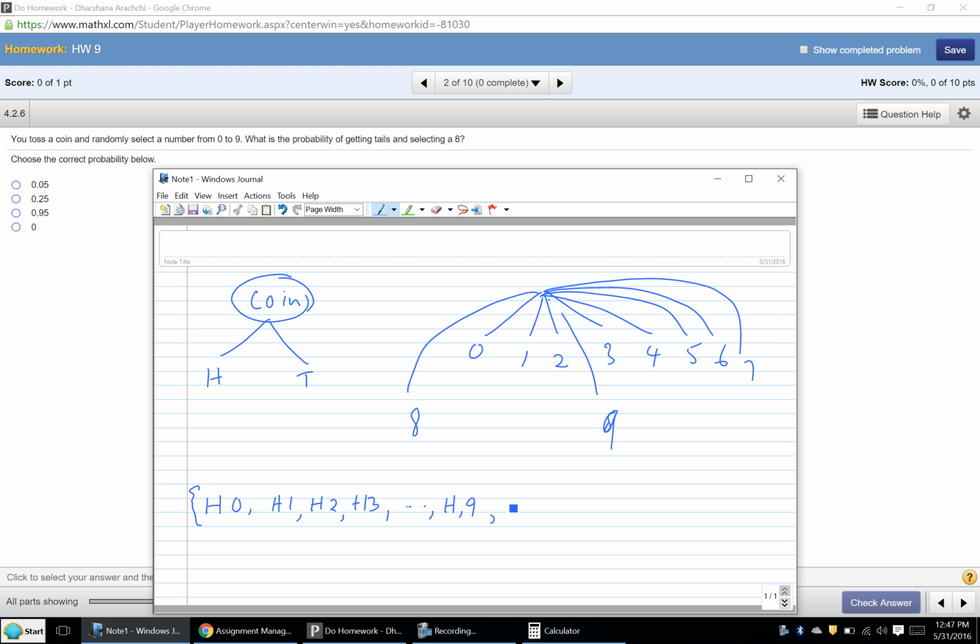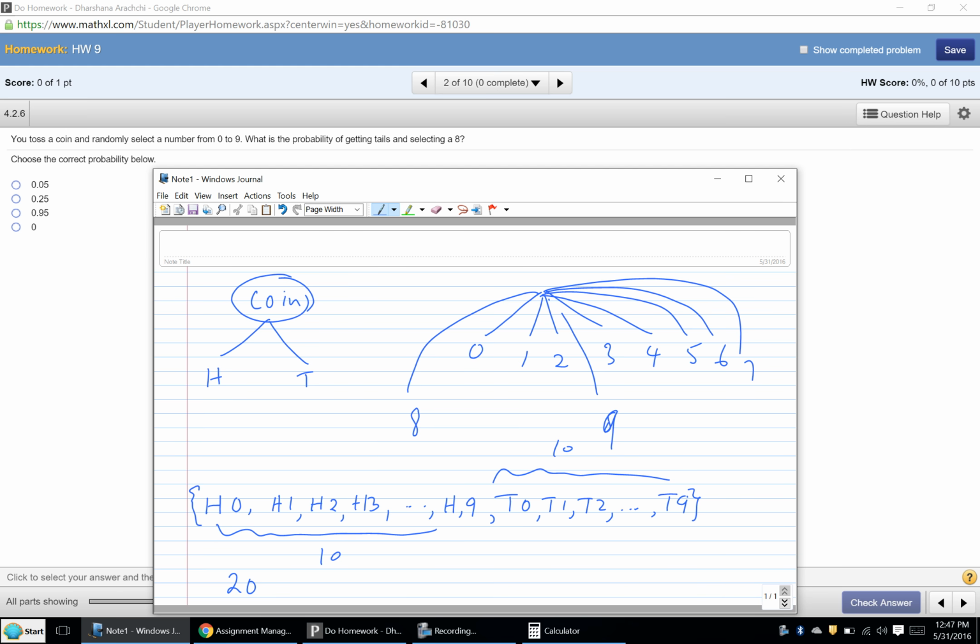And then similarly you can have tail with 0, tail with 1, tail with 2 and so on up to tail with 9. So totally how many outcomes are there? There are 10 outcomes here, and another 10 outcomes there, so totally we have 20 outcomes.